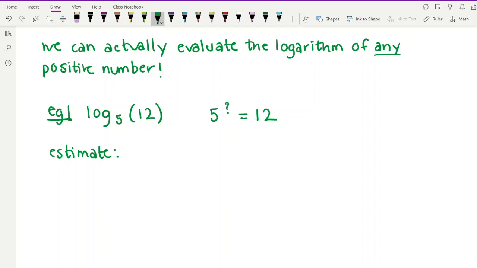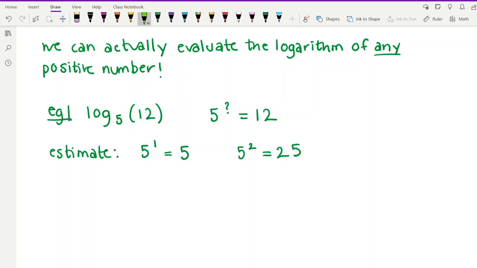Well, let's think about some powers of 5 that we do know. 5 to the first power is 5. The next nice power we could try is 5 squared, which is 25. Neither of those is 12, but what we can say is that 12 is between 5 and 25.